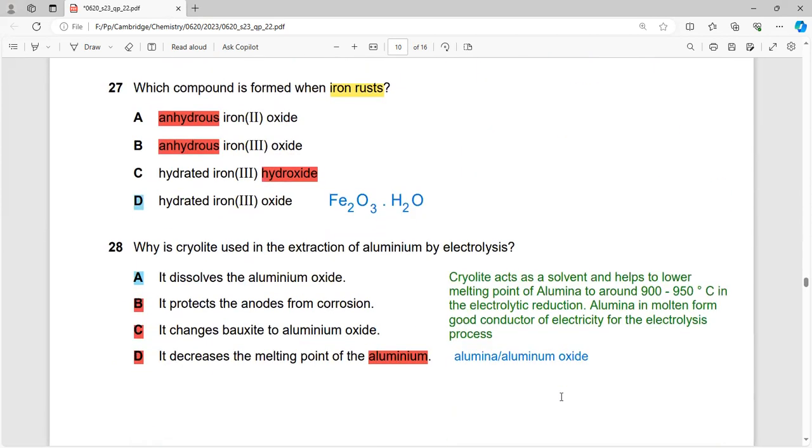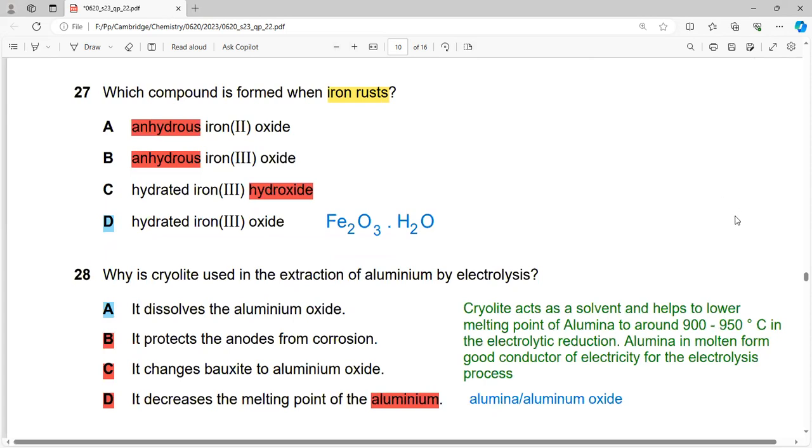Which compound is formed when iron rusts? Rusting of iron involves, for example, the iron reacting with oxygen, and the iron reacting with water molecules, so the water is added to the iron oxide, and in this way it produces hydrated iron oxide. So this is the rusting condition.